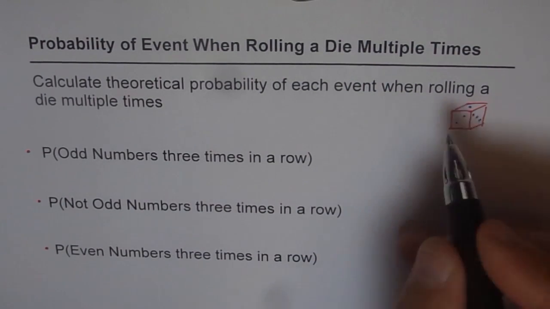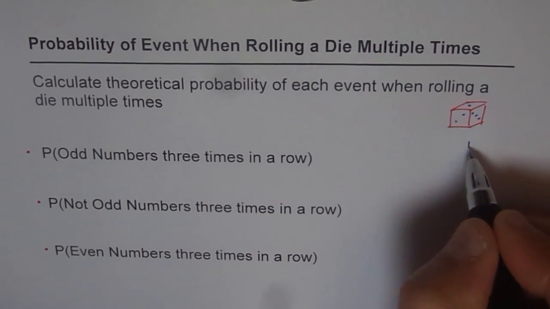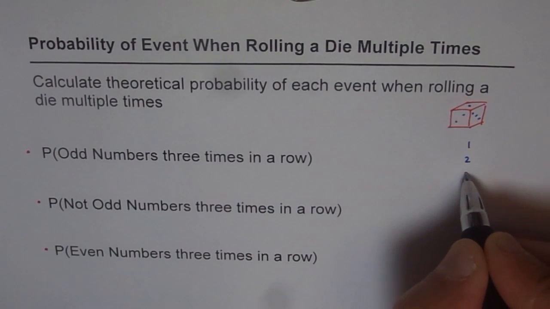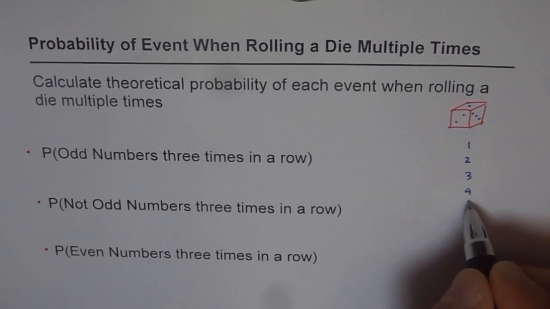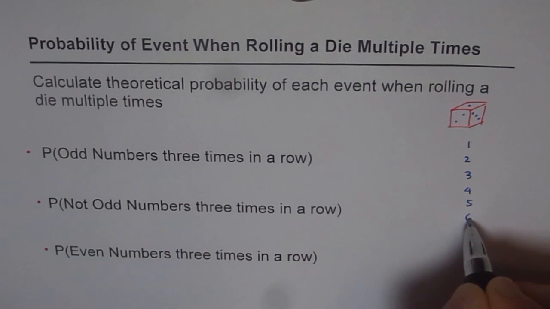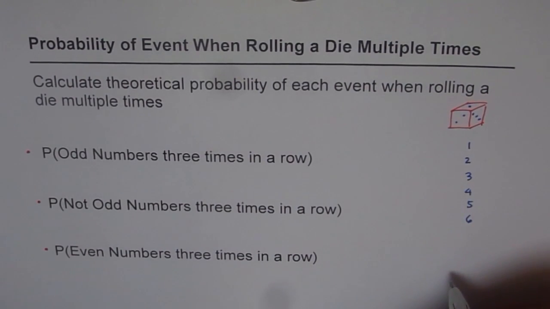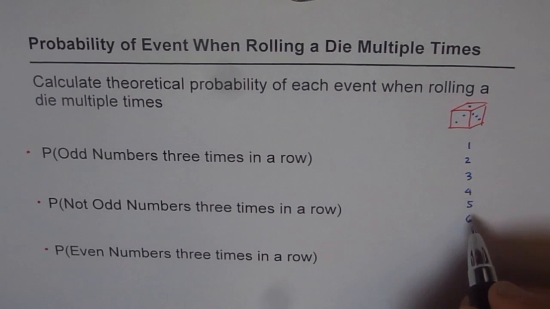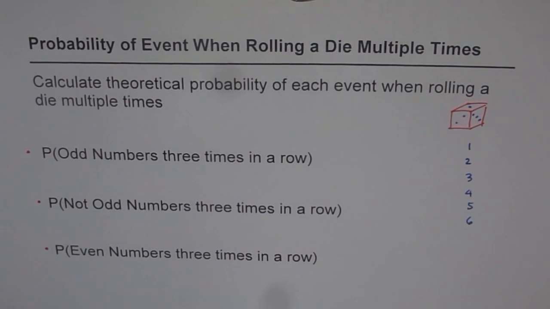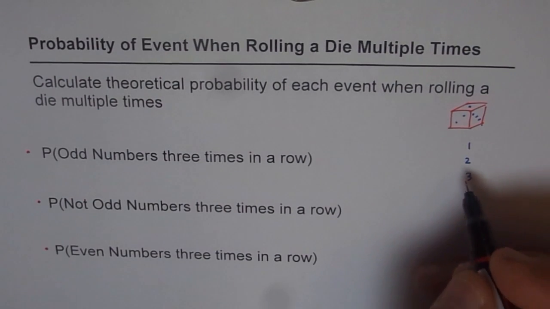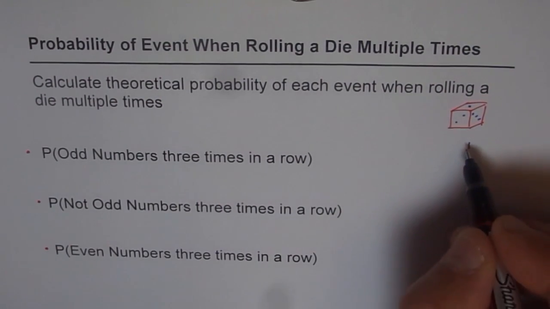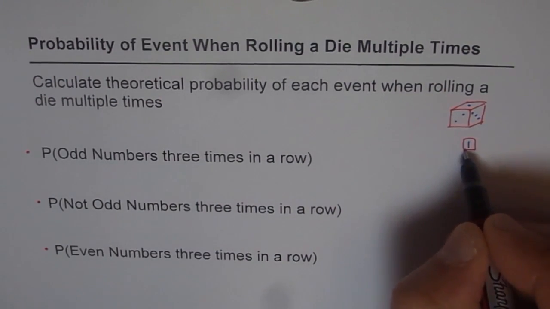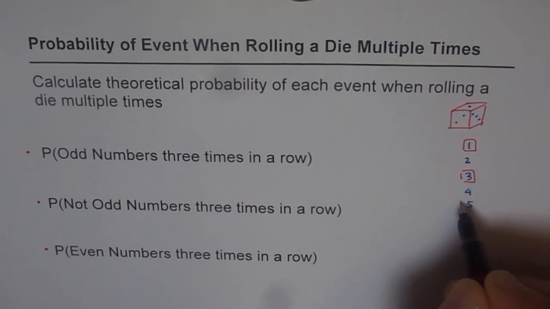So when you roll the dice, what can you get? You can get either 1 or 2 or 3 or 4 or 5 or 6. So they are basically 6 numbers which you could get. And out of these 6 numbers, as you can see, we have odd numbers as 1, 3 and 5.